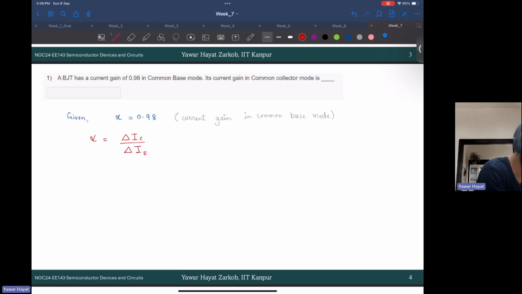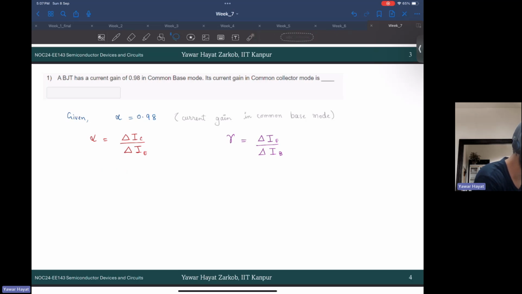And what about the common collector mode? In common collector mode, we denote the current gain by gamma, and that gamma is equal to delta IE by delta IB.